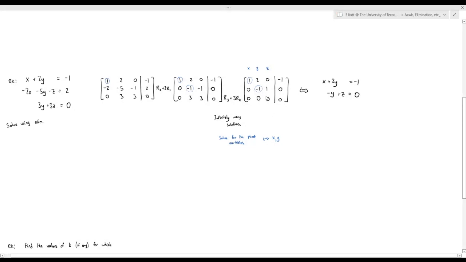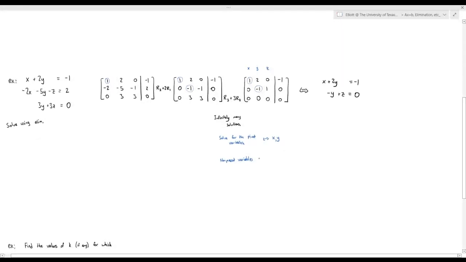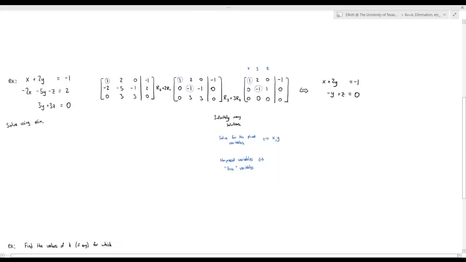So z, the variable that's missing a pivot, these non-pivot variables are what we call free variables. So in this case, z would be the only free variable in this problem.